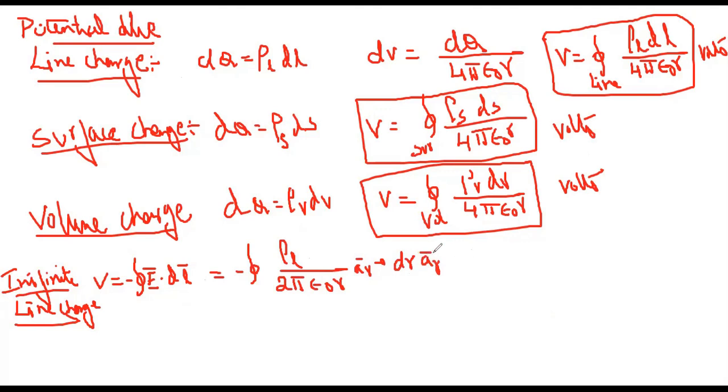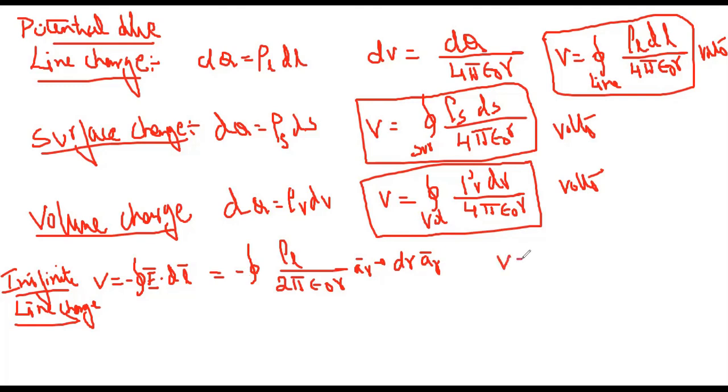AR bar dot AR bar is equal to 1, and rho L by 2 pi epsilon naught is the constant, and this integral is with respect to R. So 1 by R, and the integral of 1 by R is ln R.